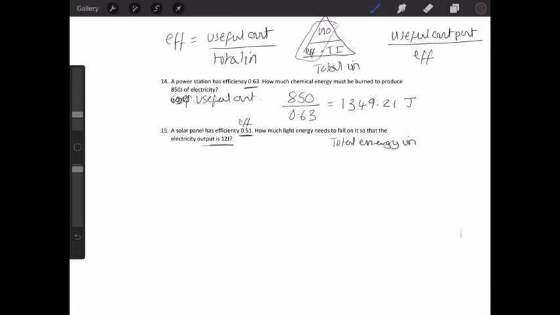If the useful output is 12, the total energy in is what we're trying to find. So we need to do the useful joules divided by the efficiency, just like with the rearrangement we used for question 14. And 12 joules divided by 0.51 comes to 23.53 joules, which again makes sense that we're putting more energy in than we're getting out because it's only 51% efficient.